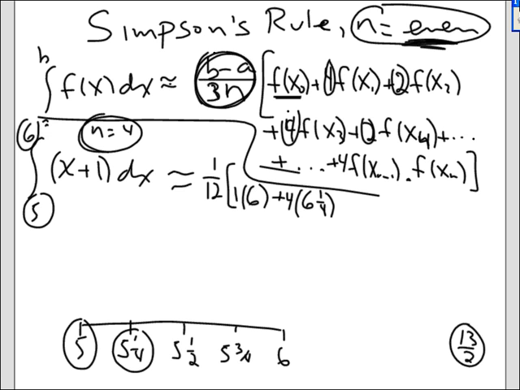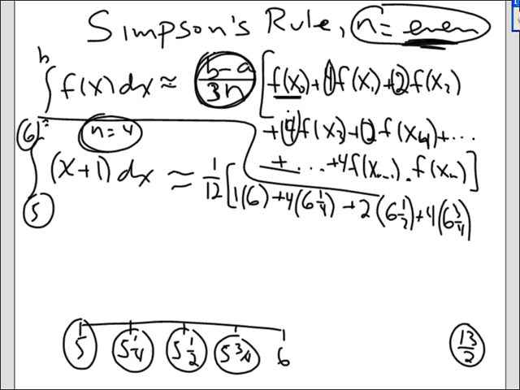The pattern is 1, 4, 2, 4, 2, 4, 2, etc. It ends in a 4 and then a 1. Next one is 2. You add 1 to this number, get 6 1/2, plus 4 times f of that number. Just add 1 to it: f of 5 1/2 is 6 3/4.